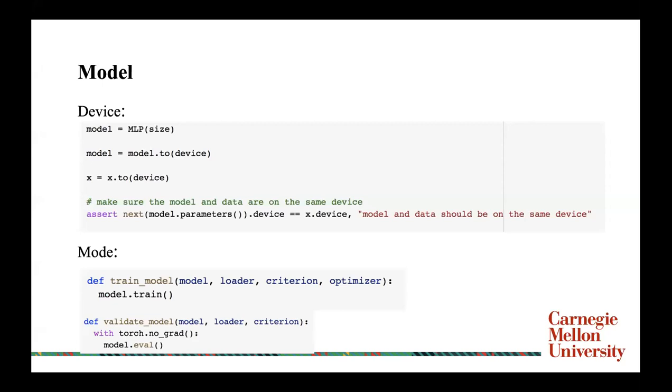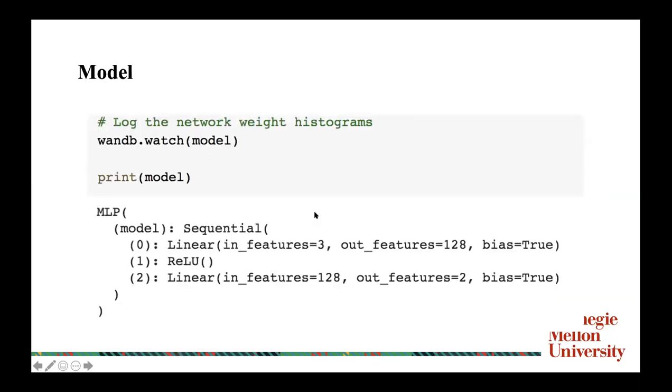That will make your evaluation code run faster, and it can also save your memory. If you encounter an out of memory error, you can try to verify that you added torch.no_grad. There is an example to print the model architecture.